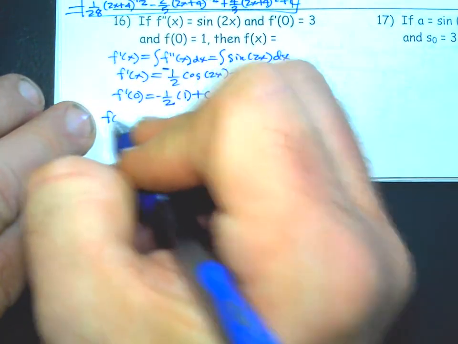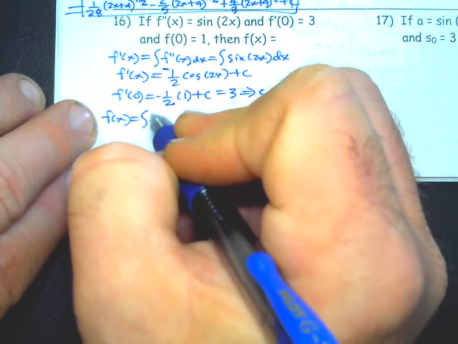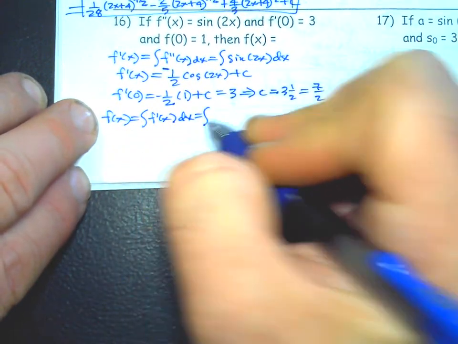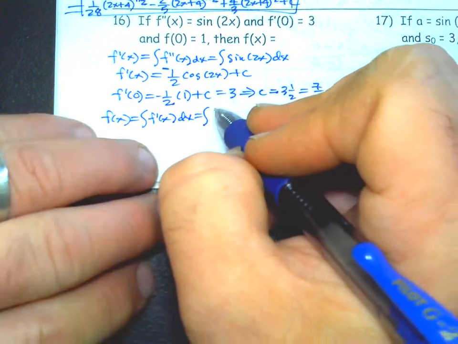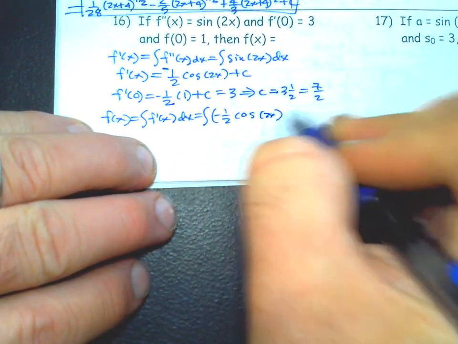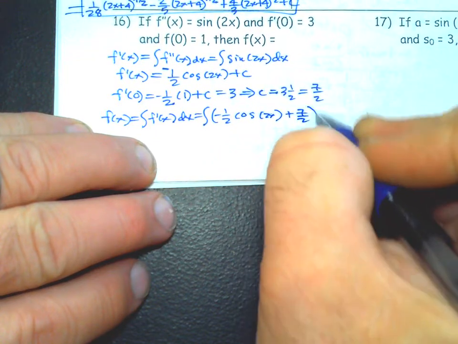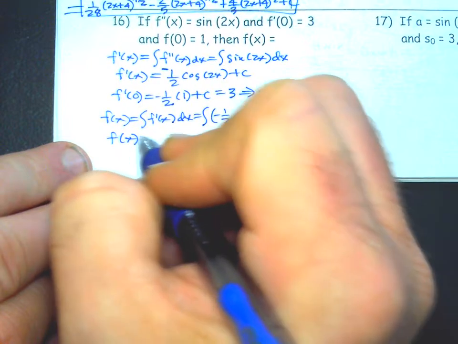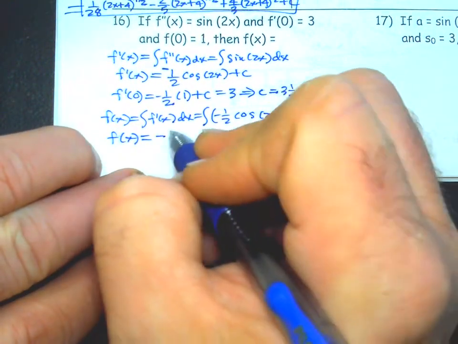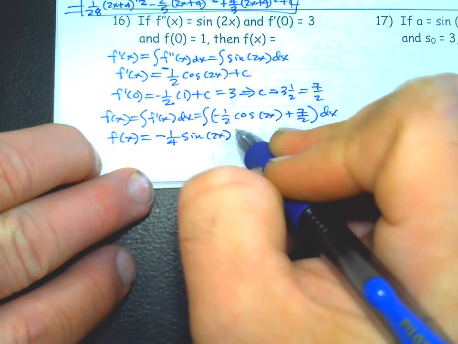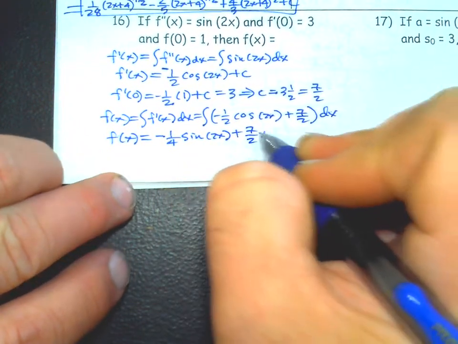So then the original function is going to be the integral of the derivative, which we just found. Well, I didn't officially write it, I guess. Negative 1/2 cosine 2x plus 7/2. So that will be negative 1/4 sine 2x plus 7/2 x plus c.